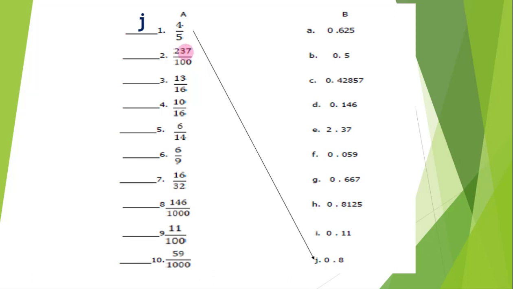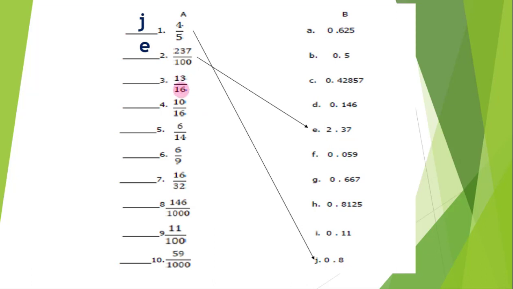So it's 2.37, which is letter E. Why 2 decimal places? Because you are dividing 237 by 100, and 100 contains 2 zeros. Okay. So the answer is letter E, 2.37.